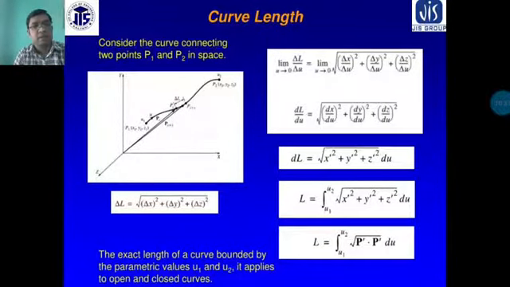And another thing: L equals the integral from u1 to u2 of the square root of x dash squared plus y dash squared plus z dash squared du. That means L equals the integral from u1 to u2 of the square root of P dash dot P dash du is calculated here.